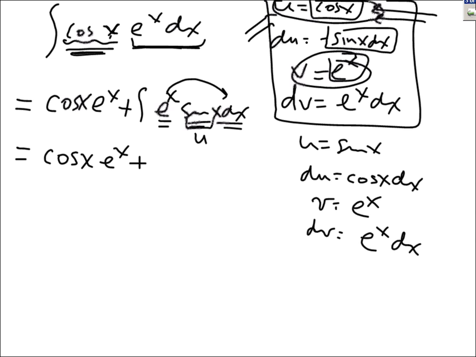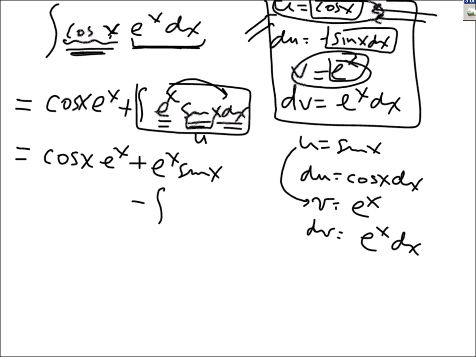Okay. So plus the integral of that. The integral of that is uv, e to the x sine x, minus the integral of v du, cosine x dx.